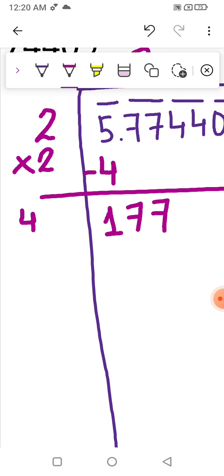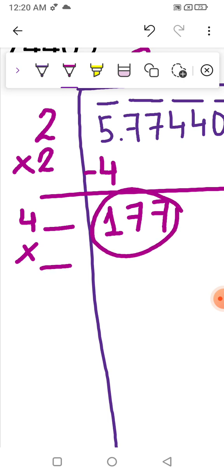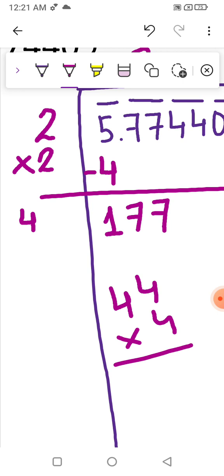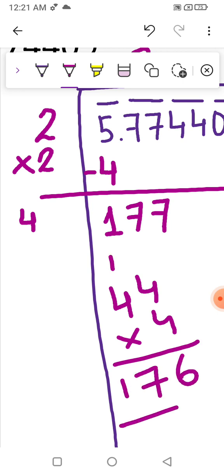Now think of a number over here. Multiplying it with the same number, we are going to get a number close to 177. So using the trial method, you can do it. Think whether it can be like 4 into 4, 16, 176.